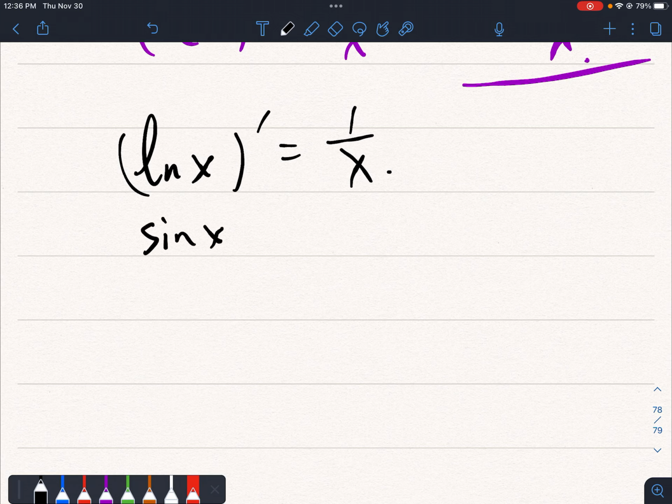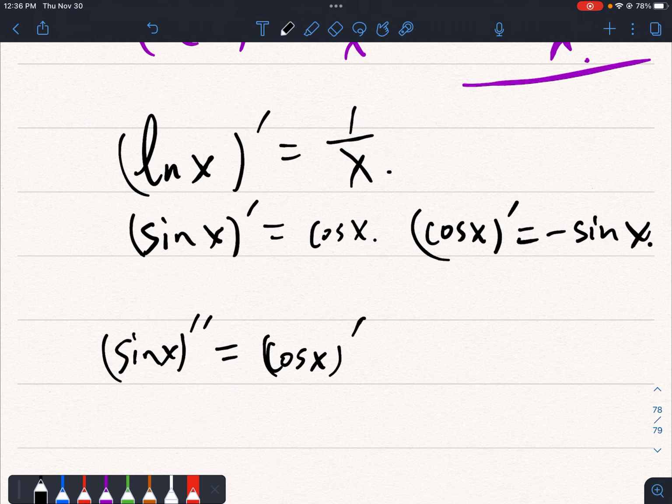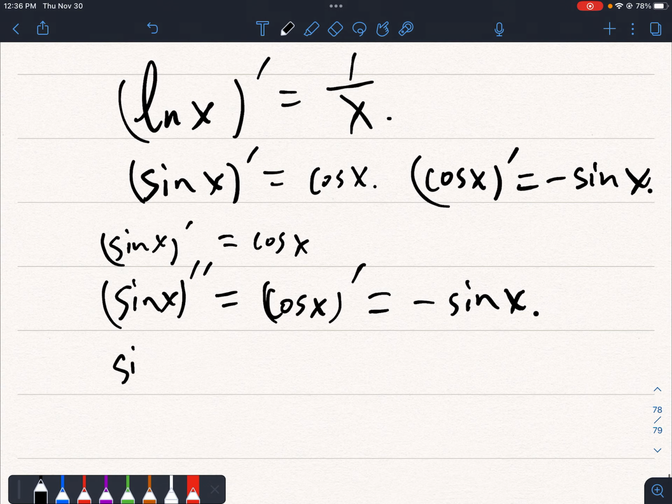Okay. And then also let me say something about the trigonometric functions. The derivative of sine is cos, while the derivative of cos is minus sine of x. Which means, if you want to calculate sine x double prime, you take the derivative twice, then it becomes the derivative of cos, which is minus sine of x, right?